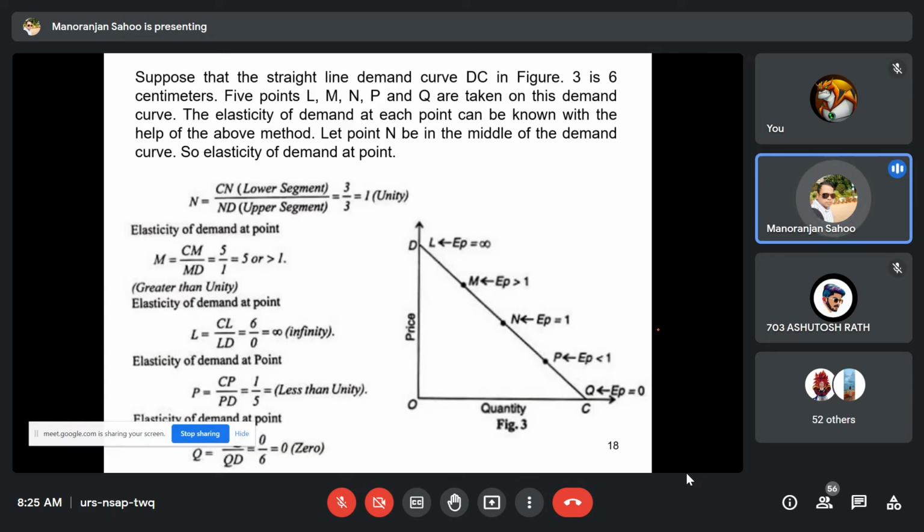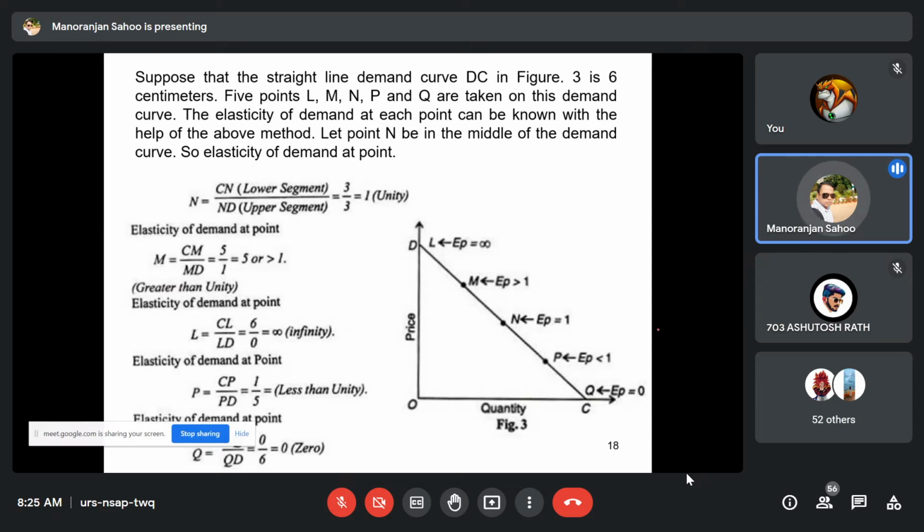Suppose we assume the demand curve is linear, a straight line. Then at the middle point, that is point n, lower segment by upper segment will be equal to 1, because the lower segment equals the upper segment. At any point higher than the middle point, that is m, the lower segment will be higher than the upper segment, so the elasticity value will be greater than 1.